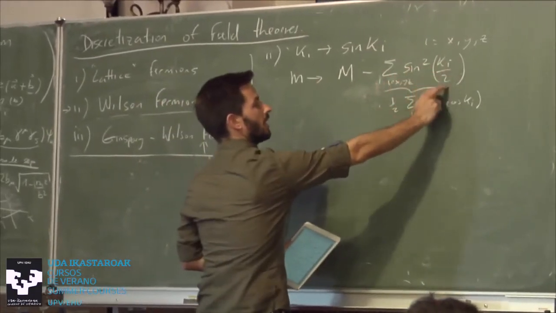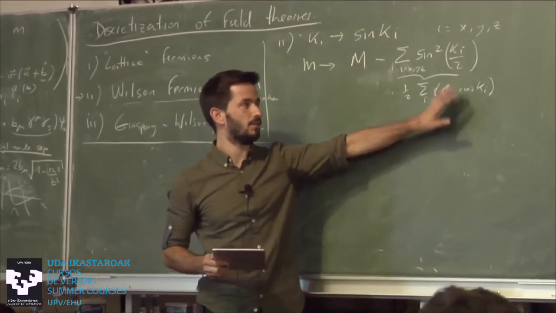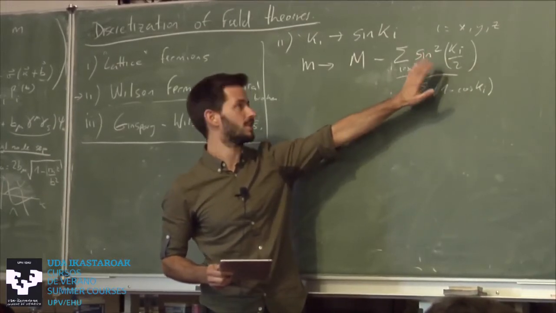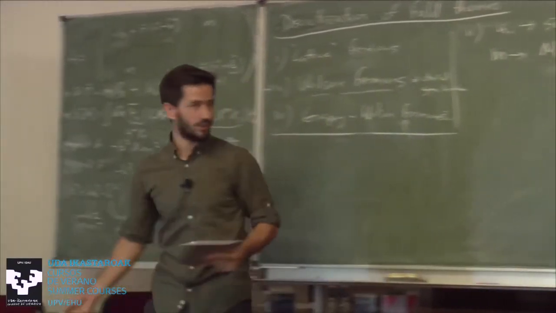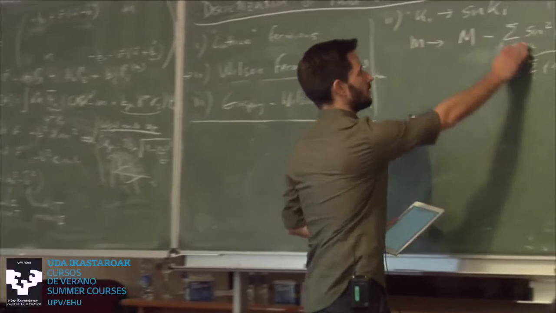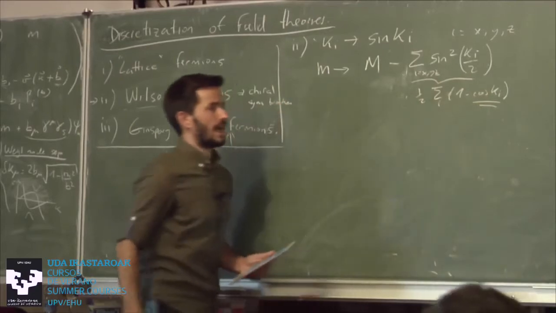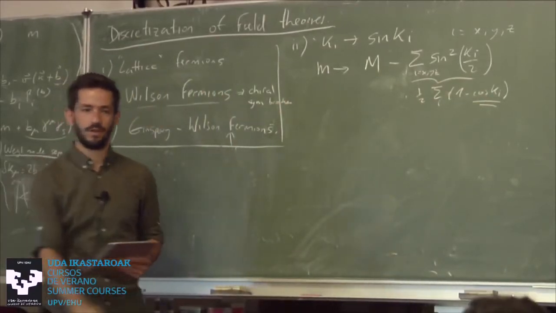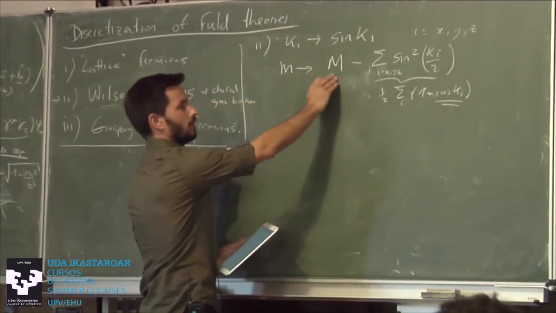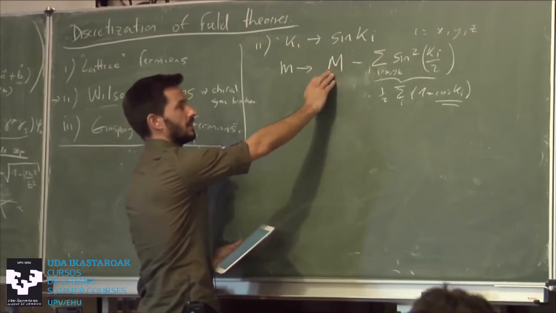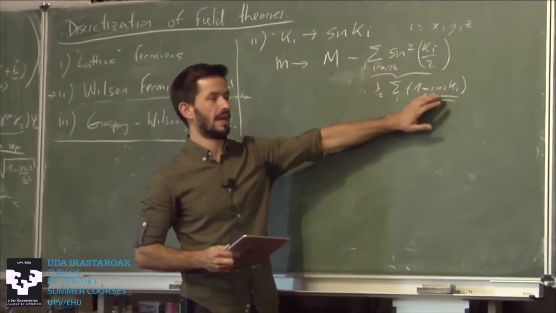You can write it using trigonometric identities as this guy. The reason I write both is because high energy books usually use this, and we in condensed matter usually use this, but they're the same thing. And the reason you do this is that this term will add a mass at the corners of the Brillouin zone, even when m is 0. So when I take the limit m to 0, the corners of the Brillouin zone would be gapped due to this term.